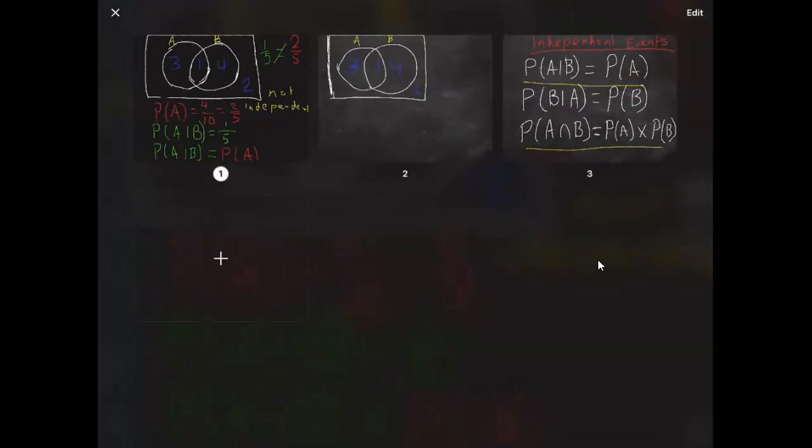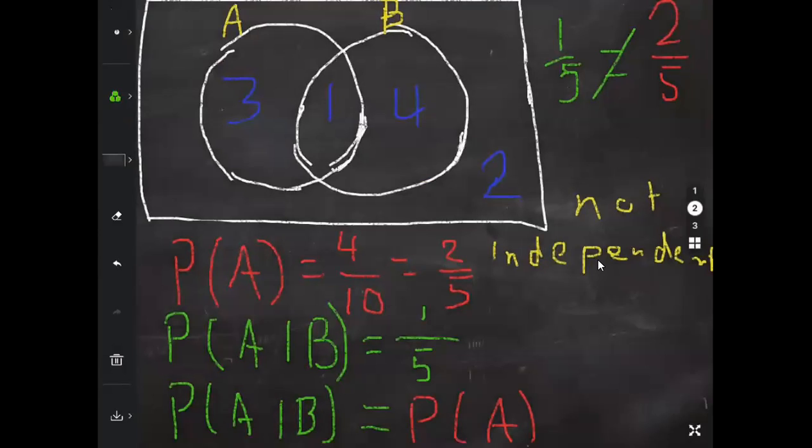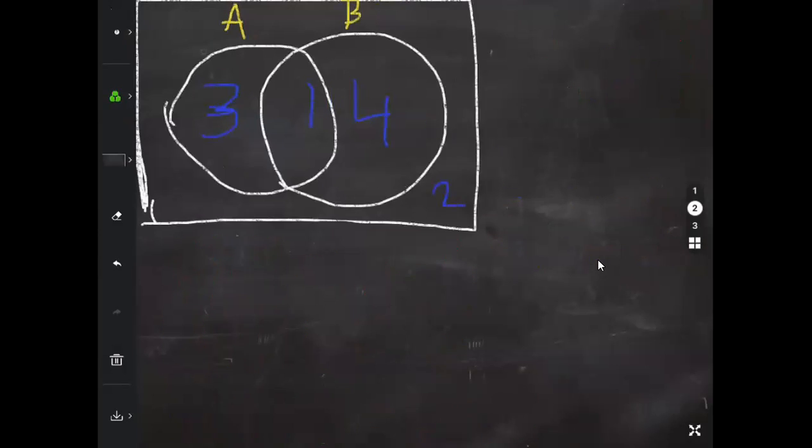So now if we go on to our next one, let's have a look at using our second method. So we've got the same values here. So let's use our second method to confirm whether or not we are independent or not independent. Just check whether we got it right.